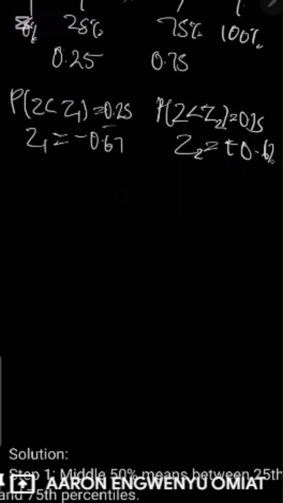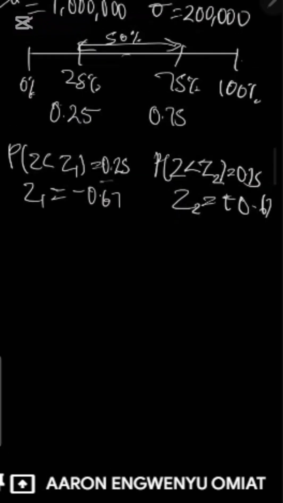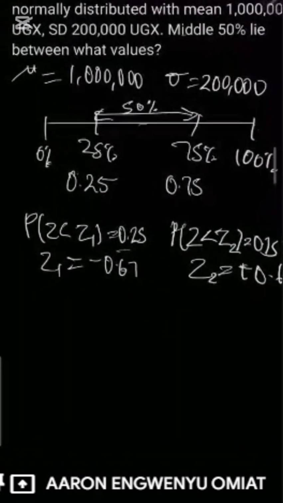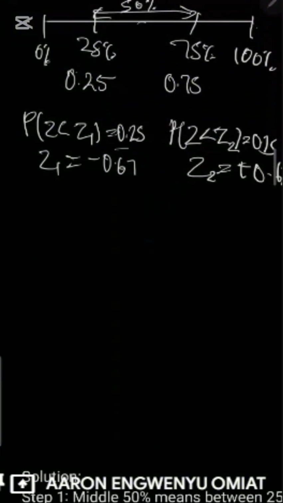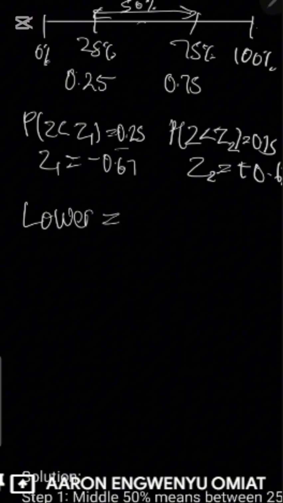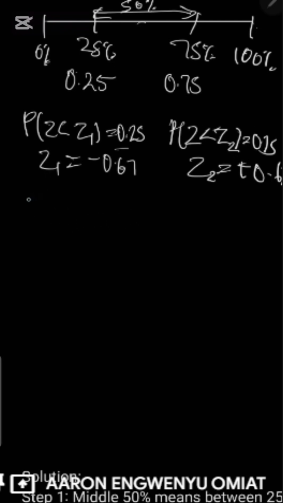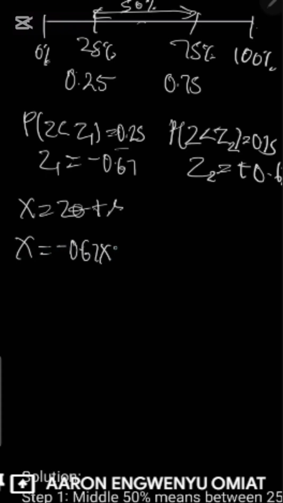They want to find the middle, the values which the incomes lie between. So for the lower value, X will be Z times sigma plus mean. X will be negative 0.67 times 200,000 plus 1 million.